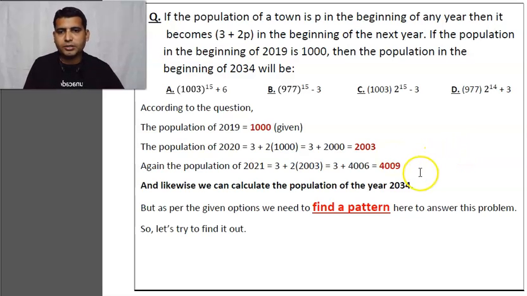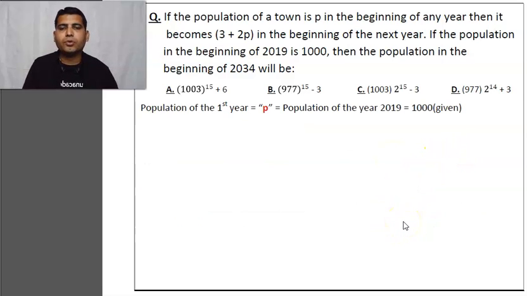Okay, so let's start the solution of this question and we'll try to find out the pattern, and then we can easily give the answer. So here, the population of the first year, let it be P, is equal to the population of year 2019, given to us as 1000.